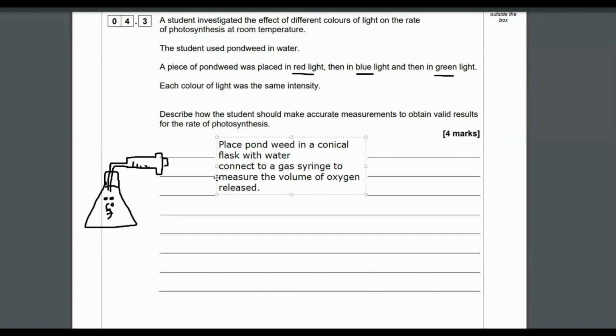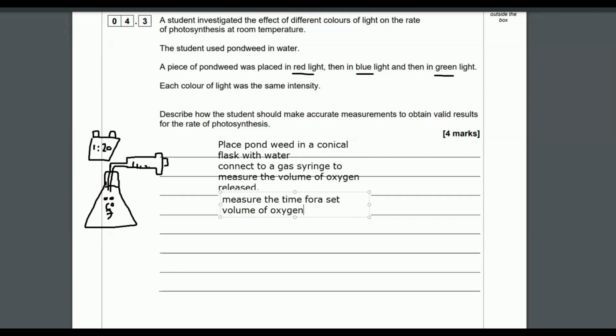Of course, we're going to need a stopwatch, the most incredible stopwatch. We need to measure the time for a set volume of oxygen to be released.